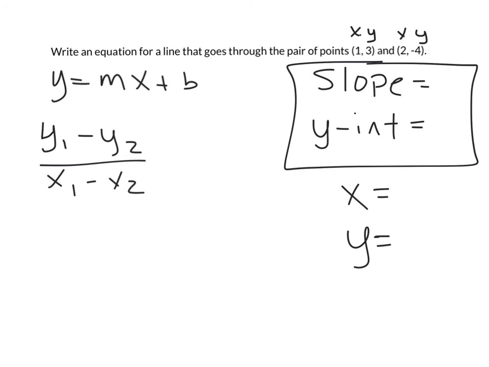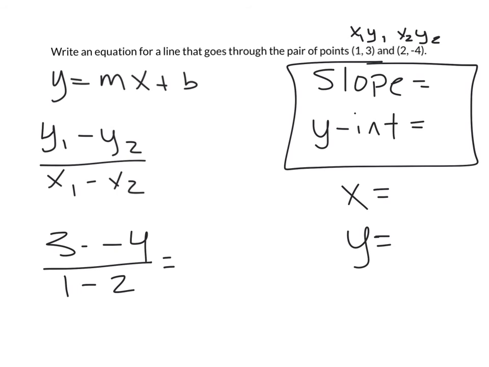I'm going to make these my first set of points, x1, y1, and these are going to be x2, y2. So now I'm just going to plug into my slope formula, y1 minus y2. Well, y1 is 3, minus y2, which is negative 4, divided by x1, which is 1, minus x2, which is 2.